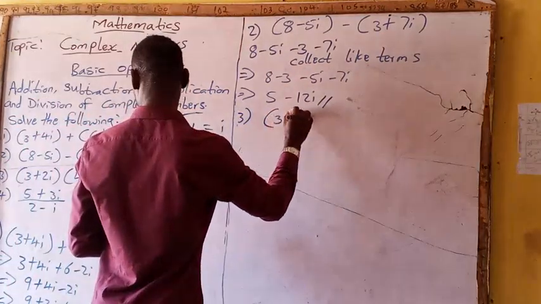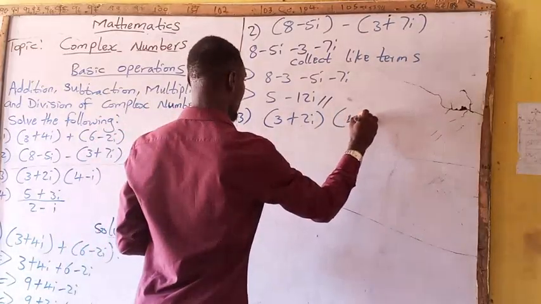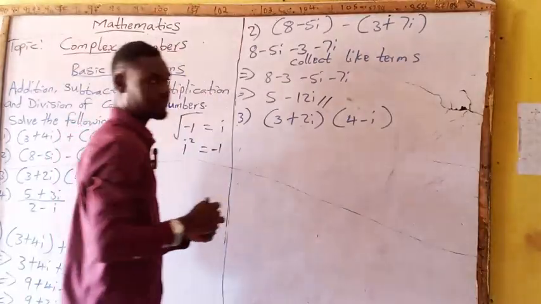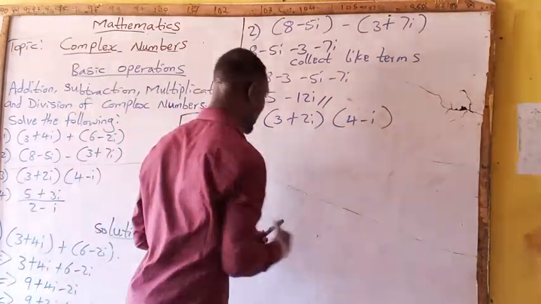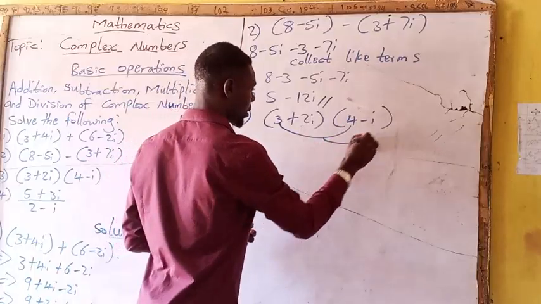You have (3 + 2i)(4 - i). Now, you use your normal algebraic expansion, whereby you use this bracket to open this bracket. So first of all, let us use 3 to multiply this and use 3 to multiply this.